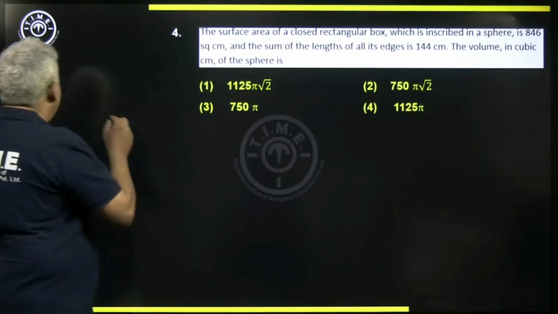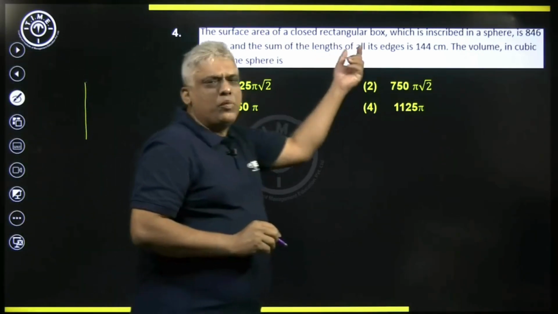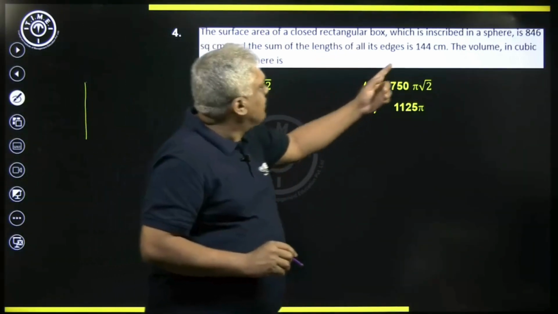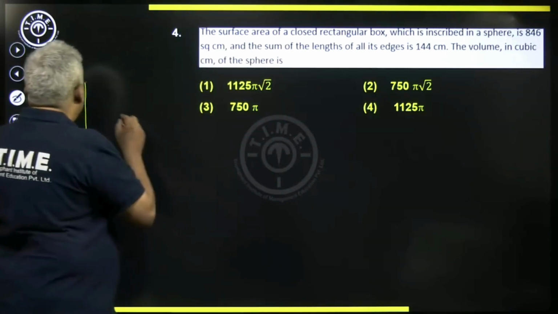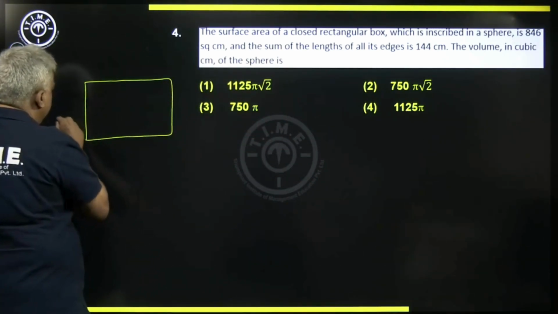So, basically a rectangular box, a cuboid, is inscribed in a sphere.